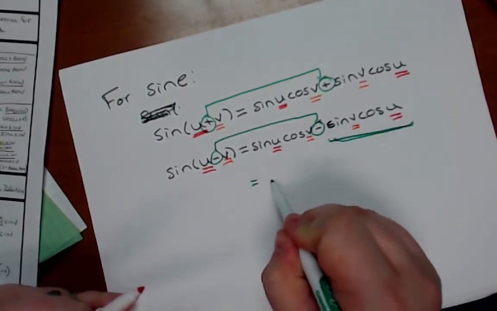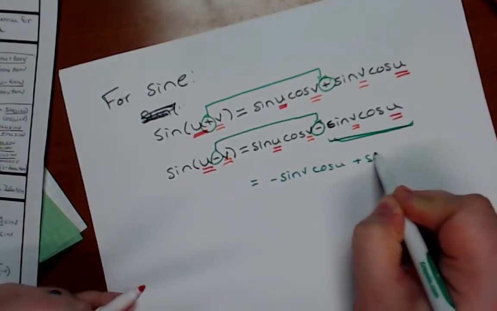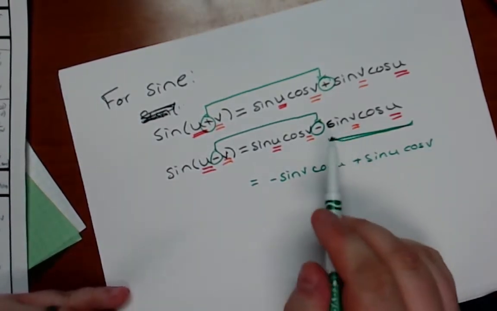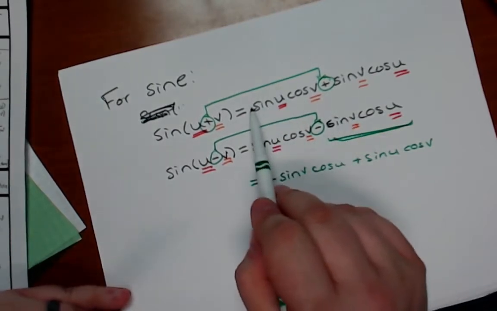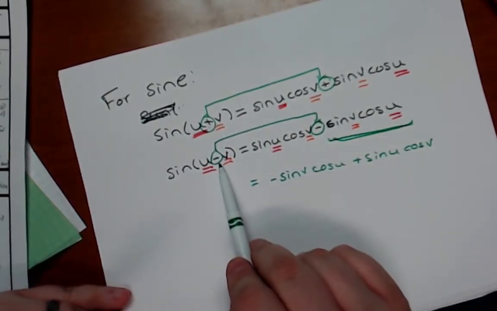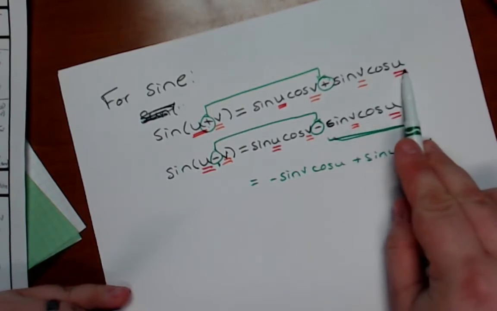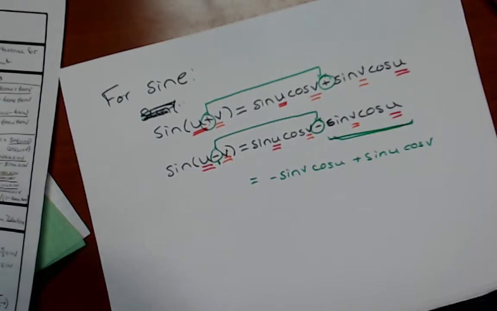So you could write this as negative sine v cos u plus sine u cos v. But I would say probably easier to remember it this way, because then whether it's addition or subtraction, you always have sine u cos v, sine v cos u, and then you just keep the sign the same in the middle.